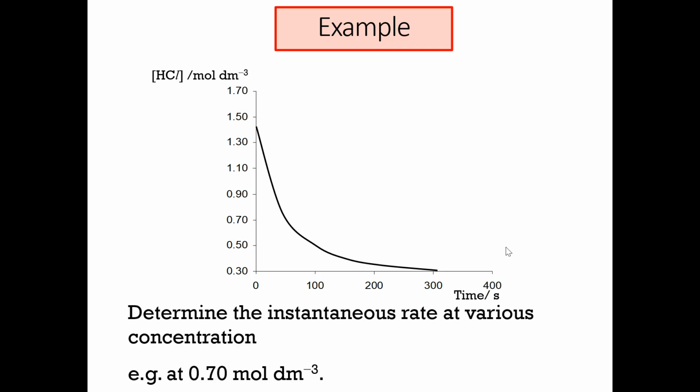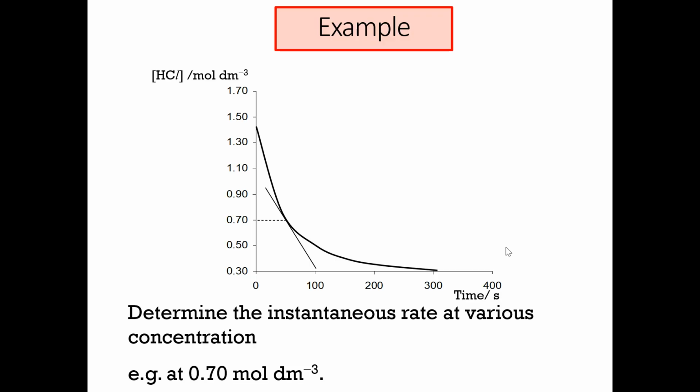To determine the instantaneous rate at various concentrations, we will need to draw a tangent at the time. Say for example, if we only do one set of experiment, which is the third scenario that I ran through earlier, we will have concentration equals 0.7. So we read across the graph, draw a tangent there, then we will get the rate at the point. So you get the rate at different concentrations accordingly.